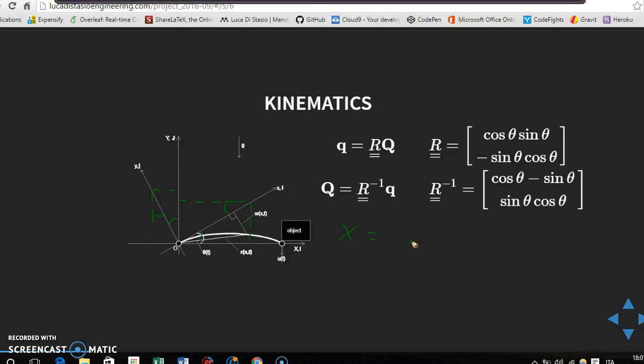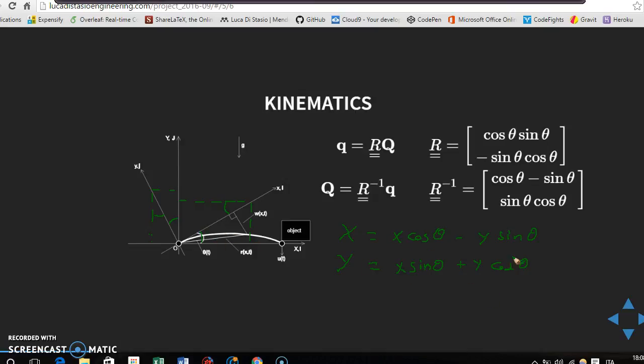So big X is equal to small x times the cosine of θ minus small y times the sine of θ. Then big Y is equal to, you see, x sine θ positive, plus y cos θ.